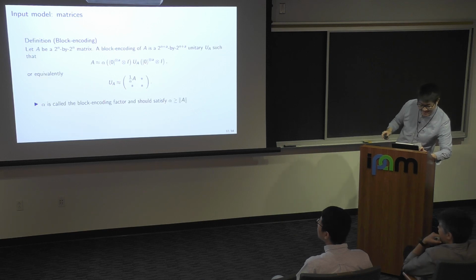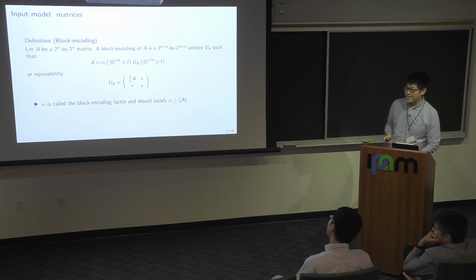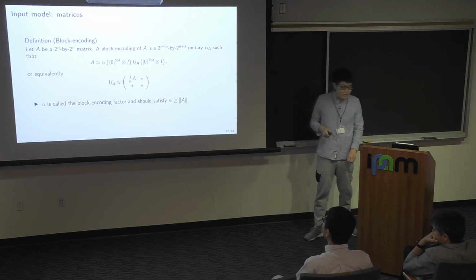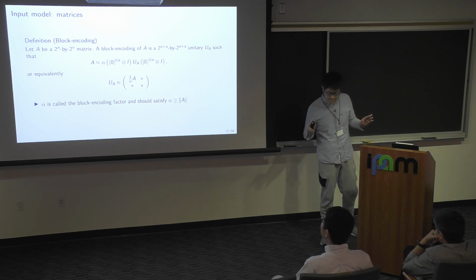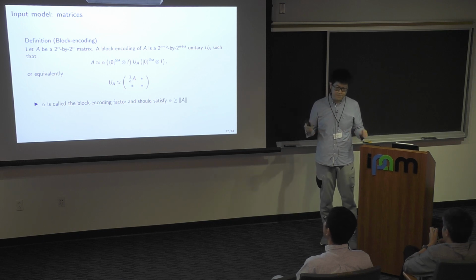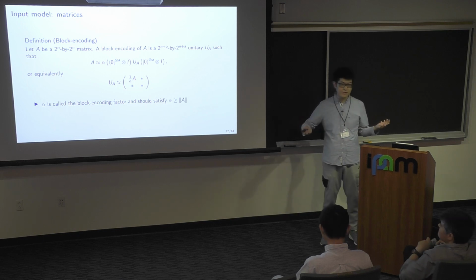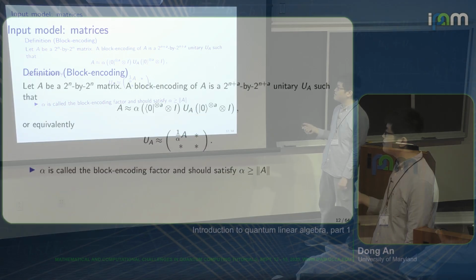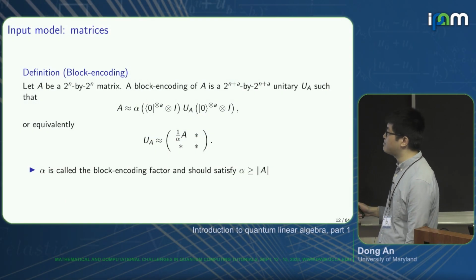Okay, let's move on to the input model for the matrices. For the matrices, there are also multiple different input models. We have some sparse input oracle, and some other structured oracles. During the tutorial, I will use the input model of the so-called block encoding.